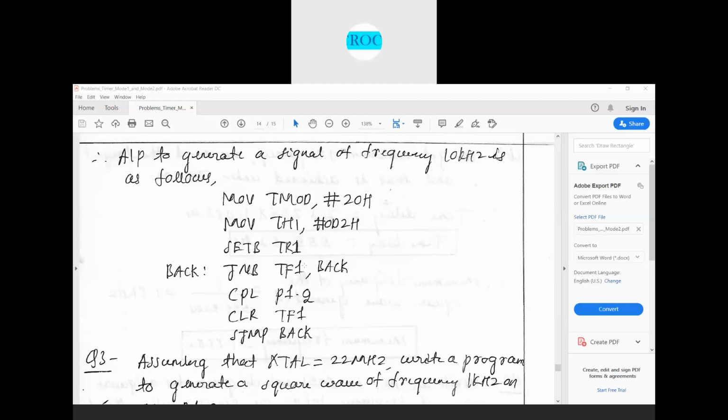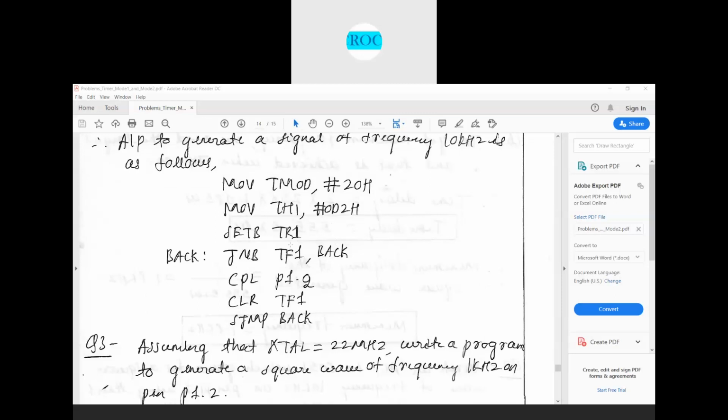We start the timer and we keep on monitoring the overflow flag, and whenever the overflow flag is set, TH1 will again be loaded with the D2H value. It will start counting from D2H, right? After the timer overflow flag is set, we execute CPL P1.2, CLR TF1, and again it will keep on repeating this one, right?